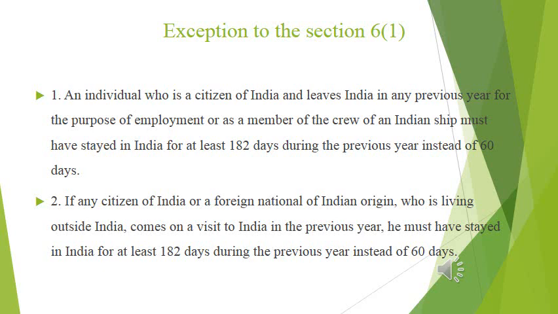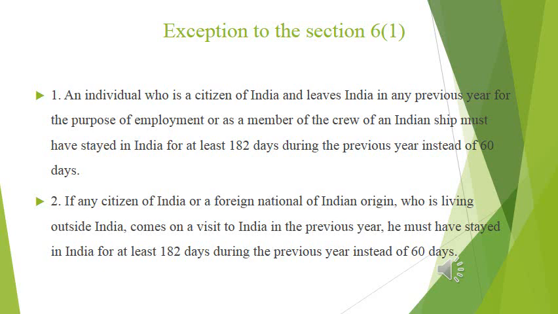First category: an individual who is a citizen of India and leaves India in any previous year for the purpose of employment, or as a member of the crew of an Indian ship, must have stayed in India for at least 182 days during the previous year instead of 60 days. Then another category: if any citizen of India or a foreign national of Indian origin who is living outside India comes on a visit to India in the previous year, he must have stayed in India at least 182 days during the previous year.